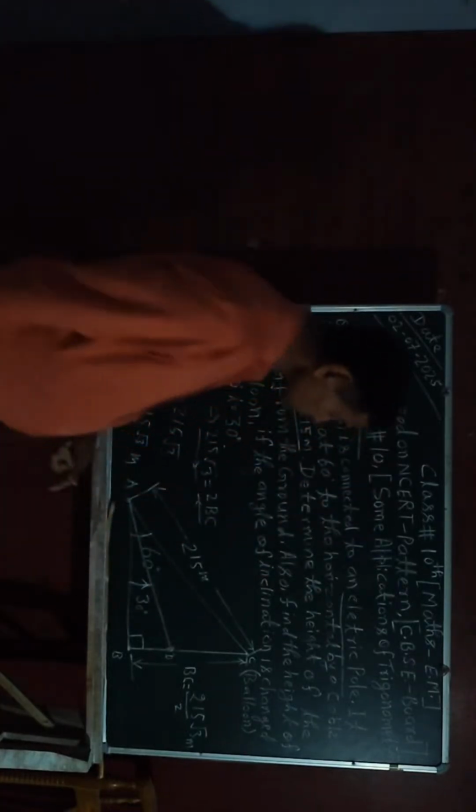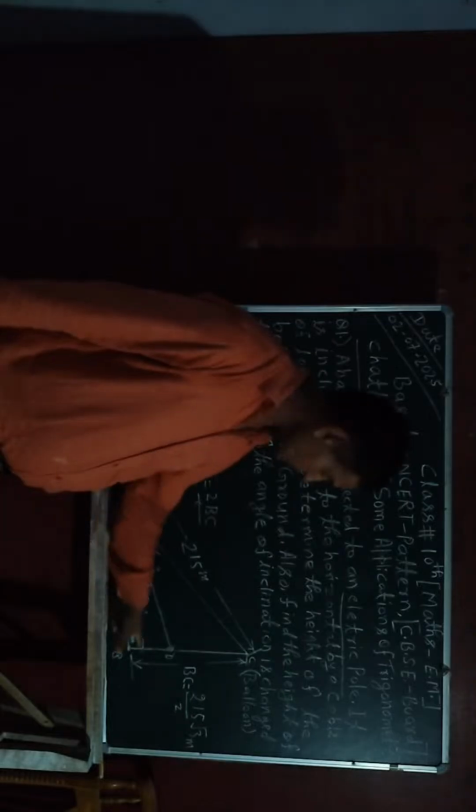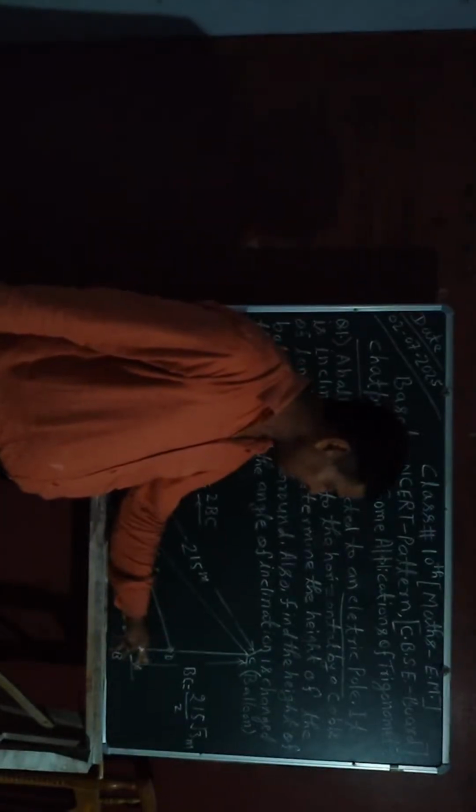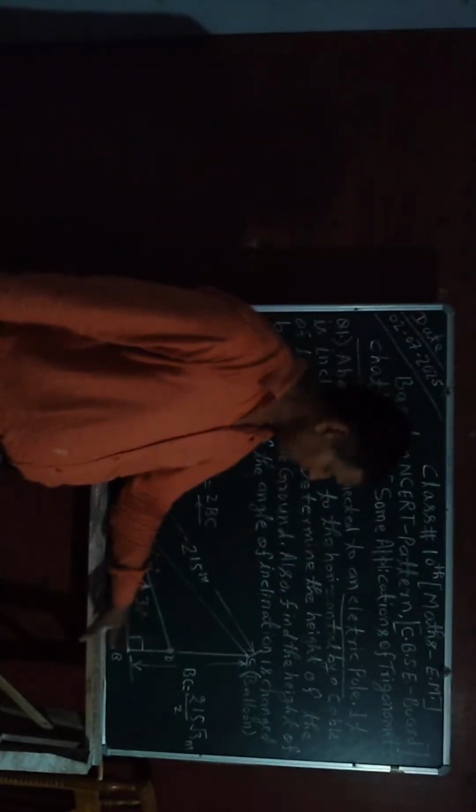Now here this angle, as per the question, is reduced from 60 degree to 30 degree. Okay. Now here we have to get length BD, and we will use tan theta, so that tan theta is equal to perpendicular divided by base. So in triangle ABC, I have to also get the length AB, and then we will apply the tan trigonometrical ratio to find the length BD.